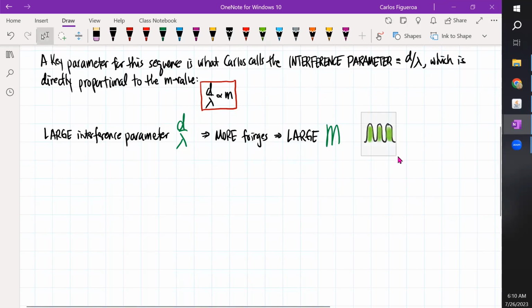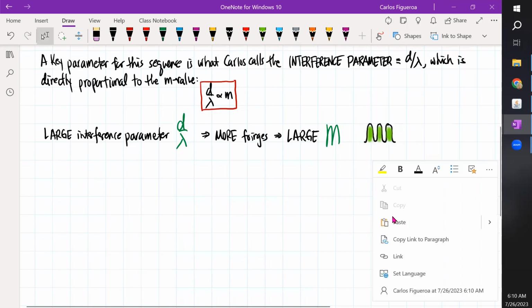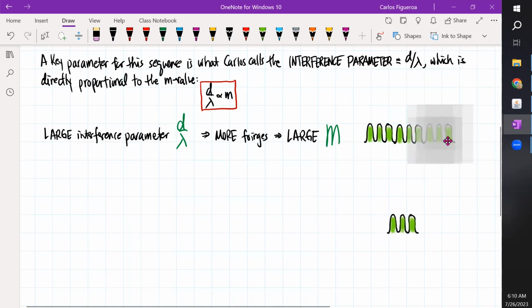Let's say I create interference patterns that look like this. I'd say that's a lot.